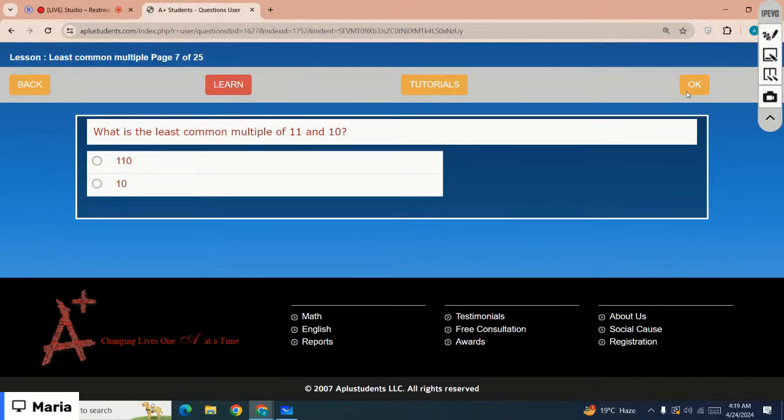What is the least common multiple of 11 and 10? That is 110.